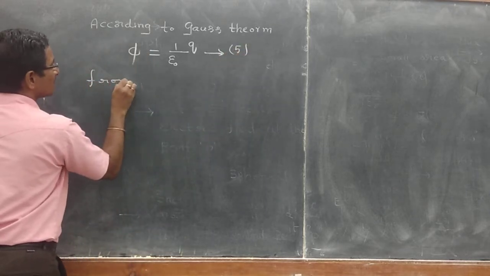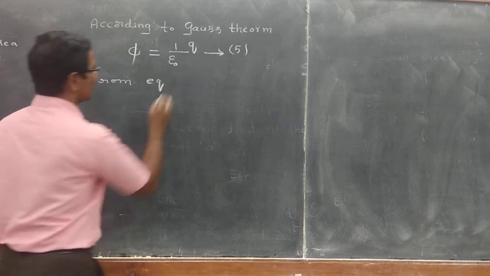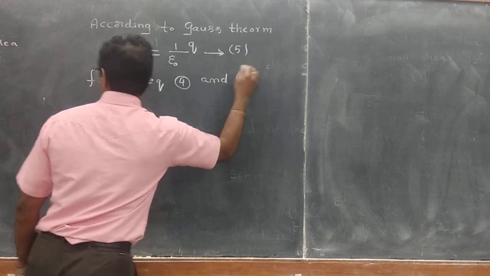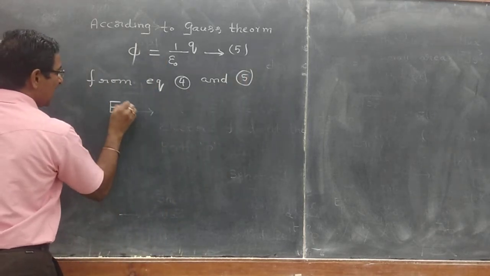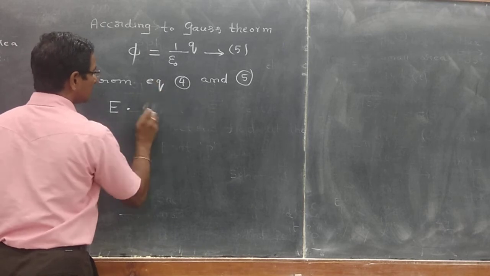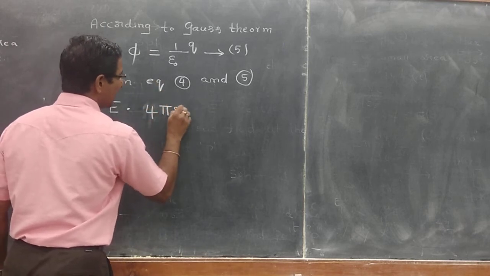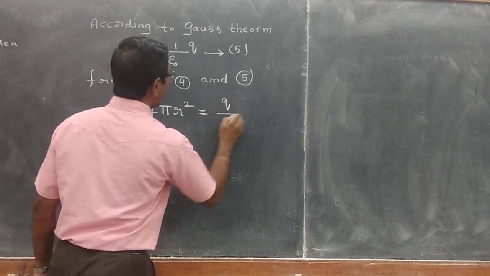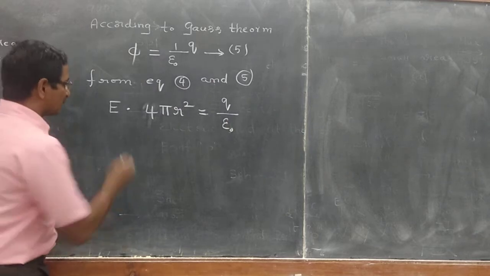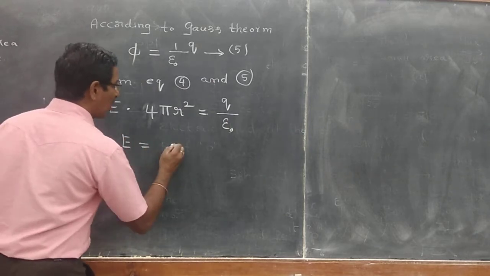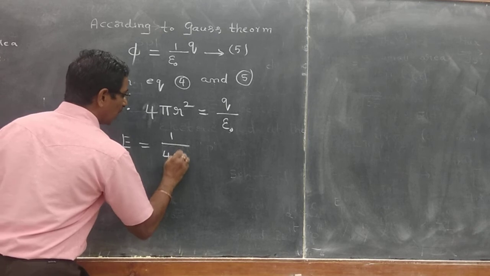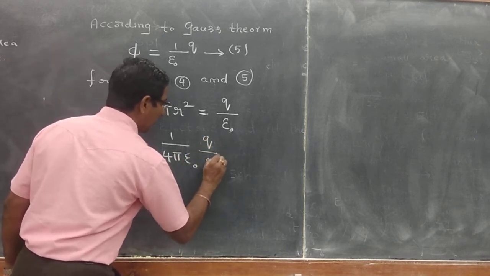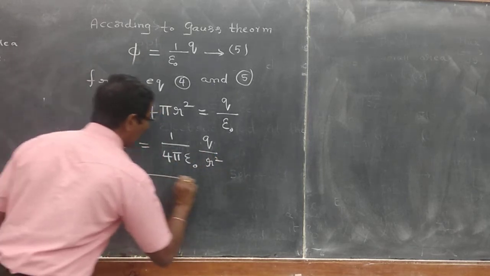From equation 4 and 5. What is equation number 4? E into 4 pi r square is equal to q by epsilon naught. Therefore, E is equal to 1 by 4 pi epsilon naught into q by r square.